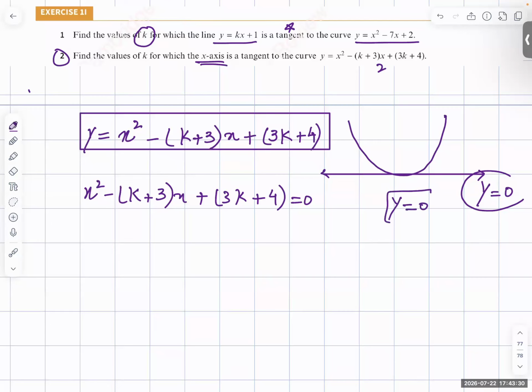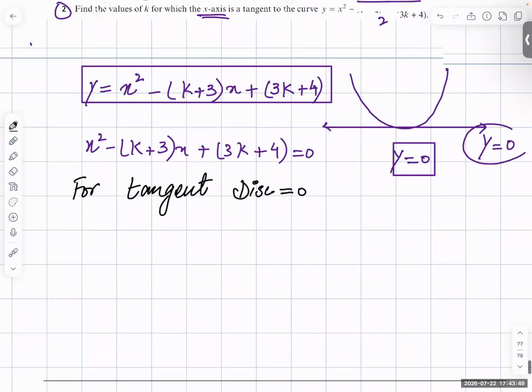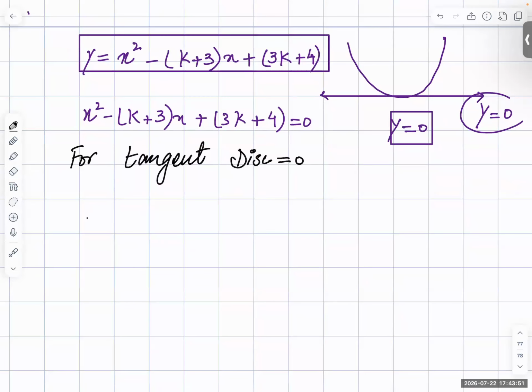So we use these two lines and we substitute y equal to 0. And we have for tangent, discriminant must be equal to 0. So that is b square minus 4ac is equal to 0.